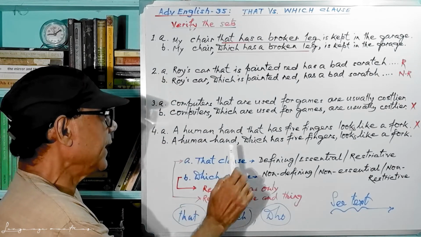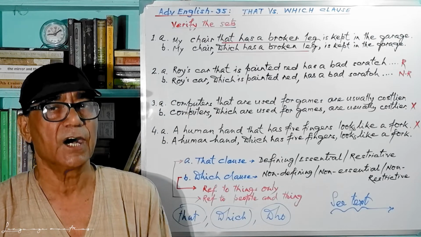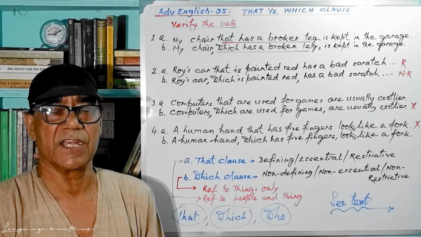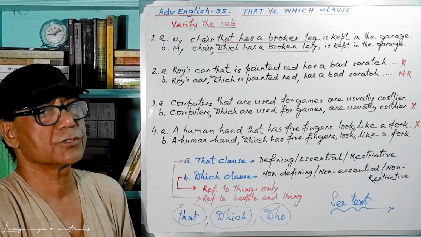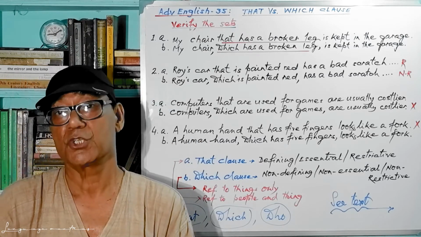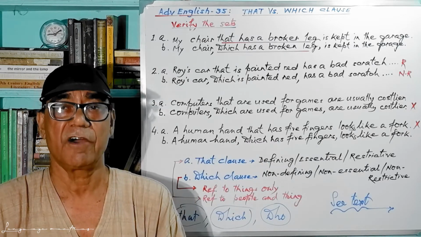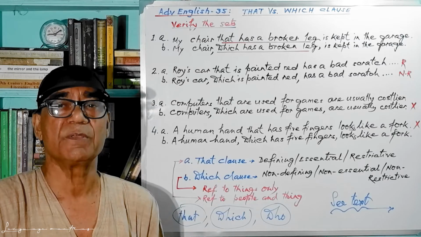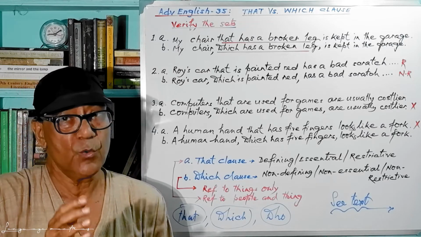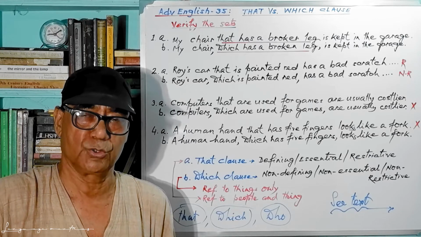A human hand which has 5 fingers looks like a fork is a very nice sentence, but the first one is not. A human hand that has 5 fingers, because all human hands normally have 5 fingers. You cannot be selective there. You cannot be restrictive there. This is a general truth.